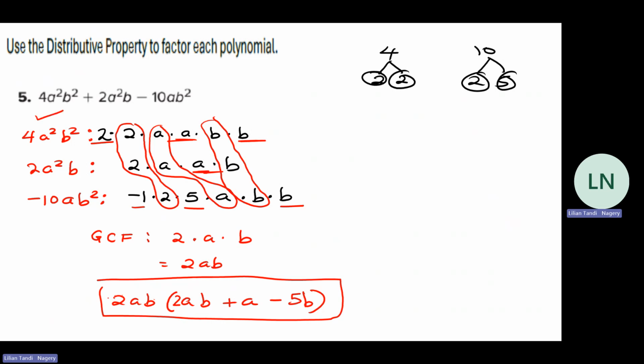Correct. 2 times 1, 2. a times a squared. b times 1b. Correct. 2 times negative 5, negative 10. a times 1, a, b times b, b squared. So then I know this is my answer. Okay? So that's how you check your work.